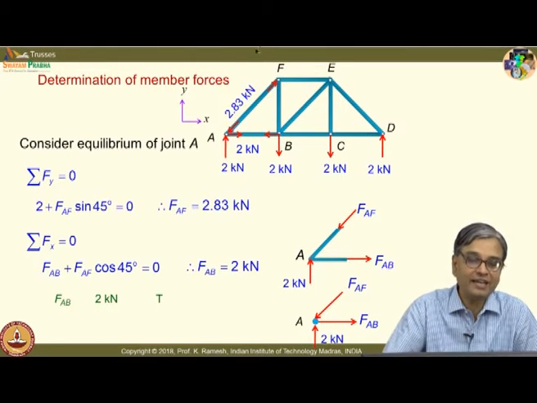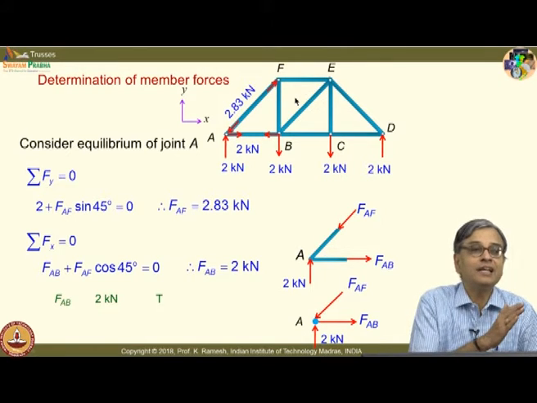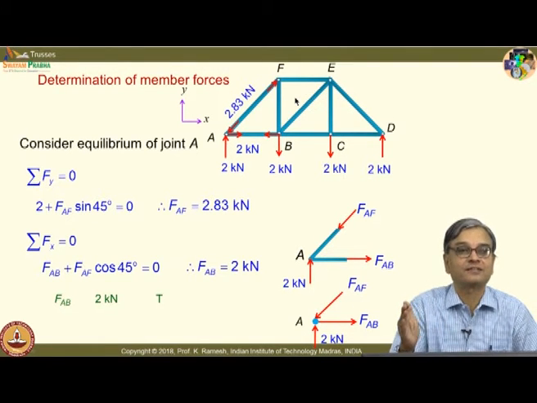And if I look at here, the member is in compression, I could see very clearly in this sketch, and I have just translated, identifying that this force is towards the joint. The same thing is put here, and we have also seen, when I have to analyze it by method of joints, I should go from one joint to the other in a consecutive fashion.